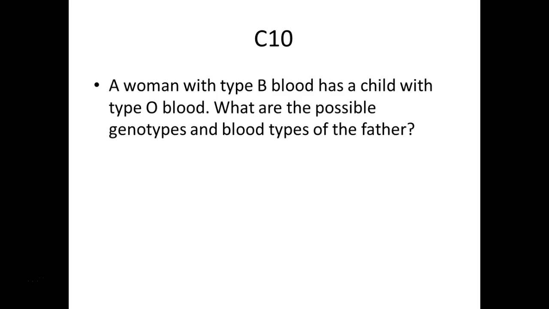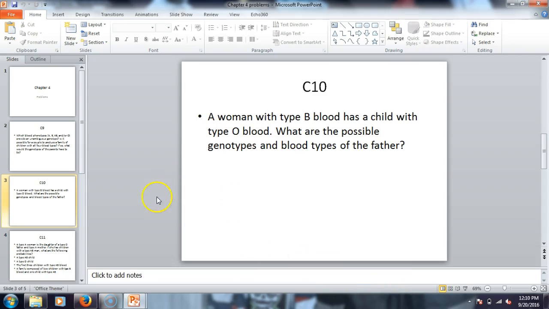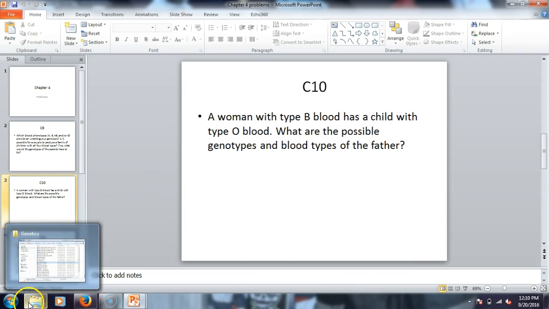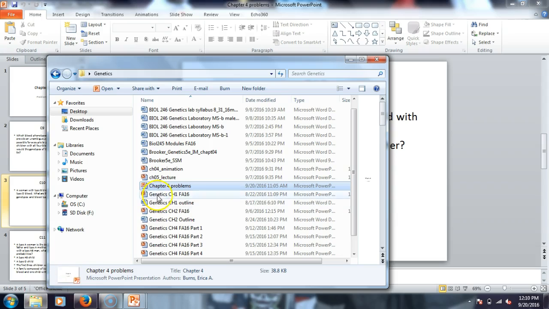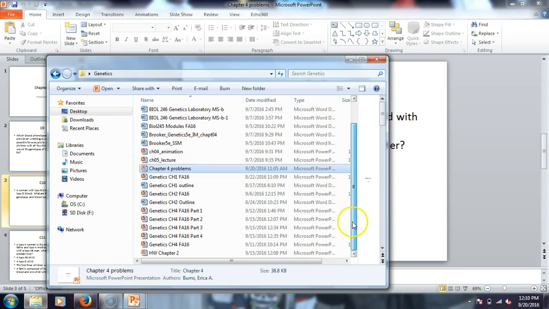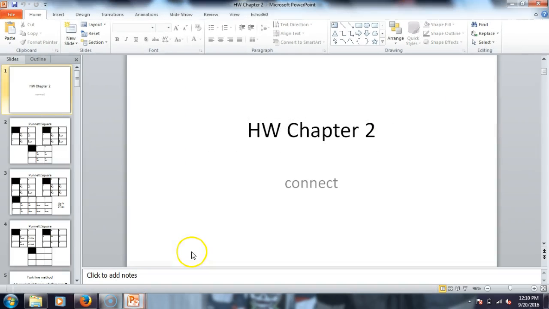So mom is B, and the child is O. All right, let's do it. I've got to grab a Punnett square so we can fill it in.